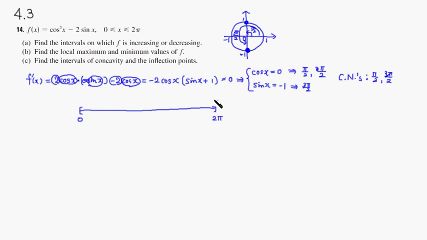Then we put pi over 2 right here, and 3 pi over 2 is probably around here. So let's look at the sign of the derivative.